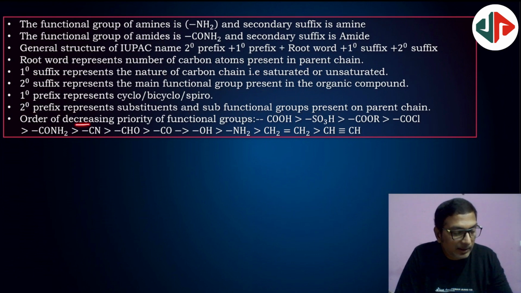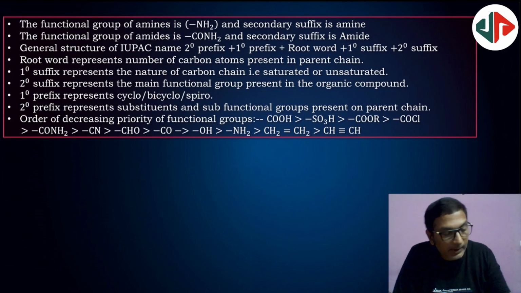So this is the order of decreasing priority of functional groups. First COOH, next SO3H, next ester, acid halides, amides, cyanides, aldehydes, ketones, alcohols, amines, double bond and triple bond. Next, one more important point here, epoxy.